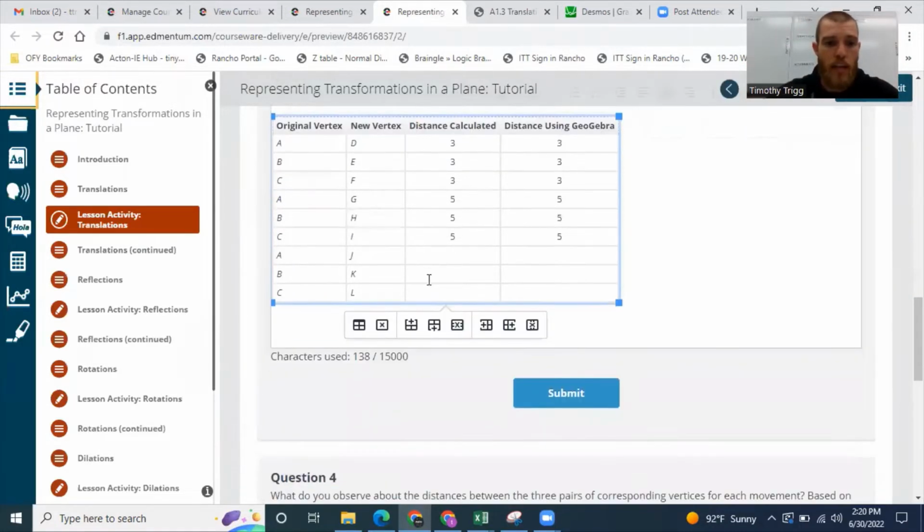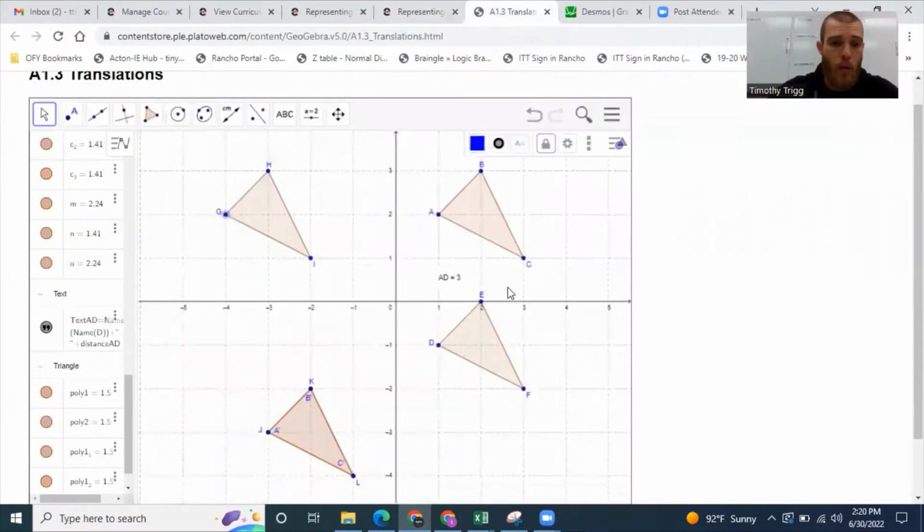Now this last one's a little bit trickier, but we can use GeoGebra to help us out. We're going to find the distance from A to J, from B to K, and from C to L. One thing we've learned is it should be the same throughout, right? Whatever the distance for one of those should be the same for each of them.